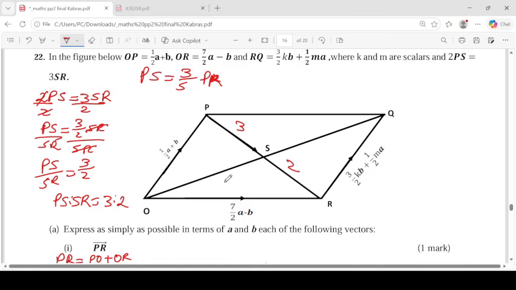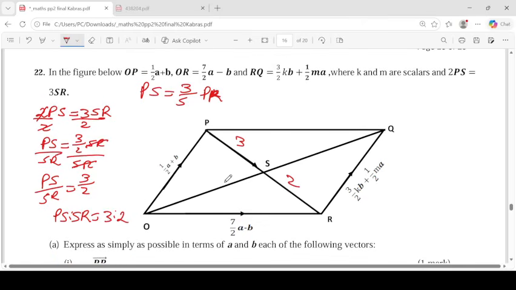Because remember, with these questions, you need to be very, very smart, more so on how you are executing them. If you make a slight mistake, then trust me, you will be gone. But they are not difficult questions. RQ.